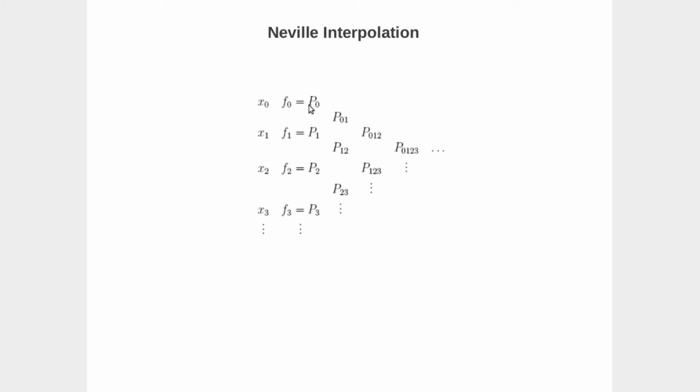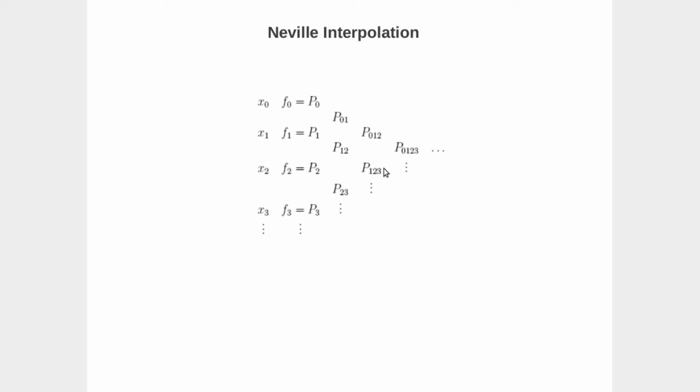That we named p0, p1, p2, p3, and then using these 2 points, we construct a polynomial of degree 1 passing through these 2 points, and that's p01, p12, p23, and then using this we construct the polynomial passing through 3 points x0, x1, x2, that is here. So p012 is a polynomial which passes through all these 3 points.